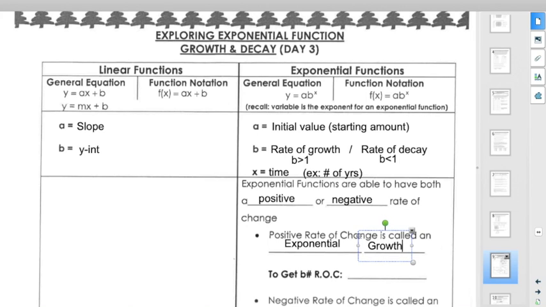So your positive rate of change, that is your exponential growth. And how do I figure out the b? To get b, in this equation y equals ab to the x, how do I get b, the rate of change? It's 1 plus r. And we'll get into what r stands for. But for now, make sure you get 1 plus r.